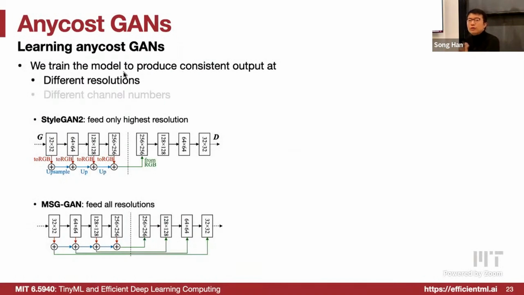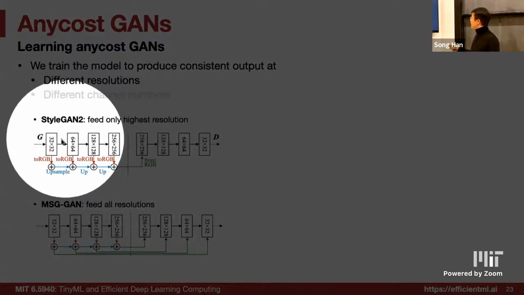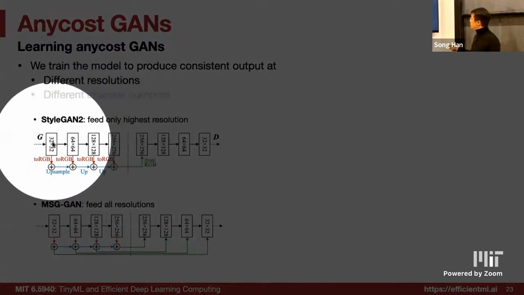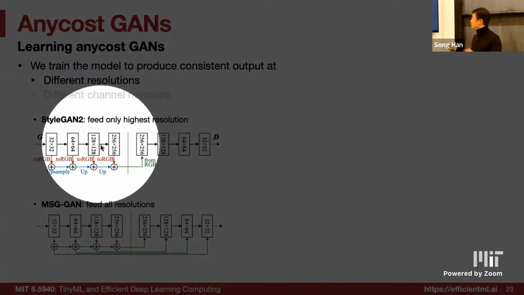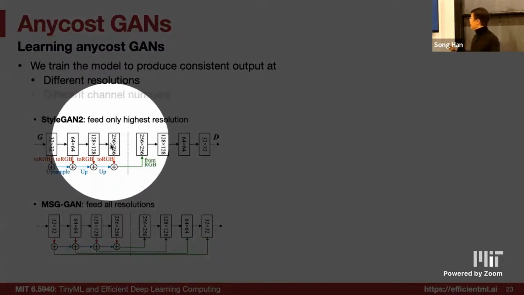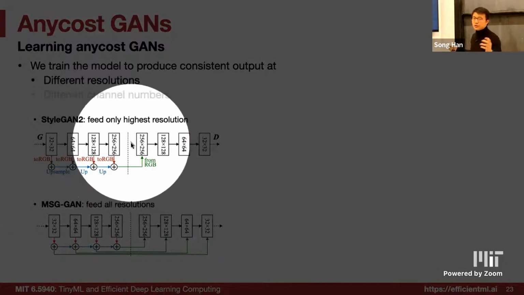During preview, we probably use lower resolution. During the finalization stage, let's use a higher resolution. Let's see how we can make it adaptable. The conventional way is StyleGAN 2. So this is the generator from 32, 64, 128 to 256, gradually increasing the resolution and then feeding the highest resolution to the discriminator to see if it is real or fake.